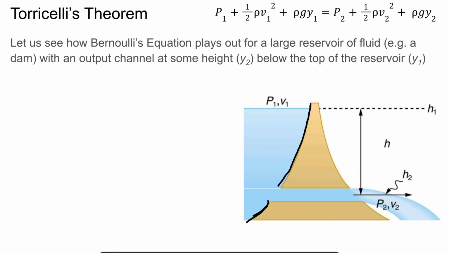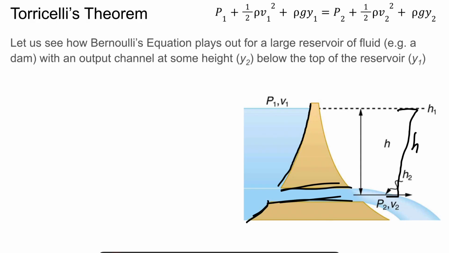So something like a lake or a pond that has an outflow pipe somewhere below the top of that water. And this would work honestly for anything that has a small output from a large storage of water.